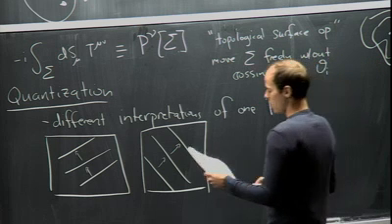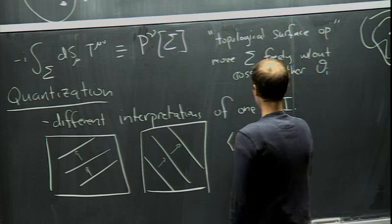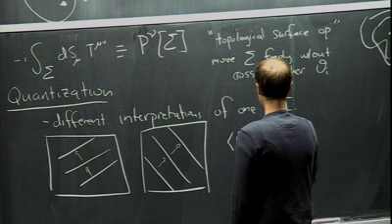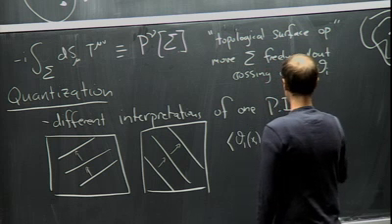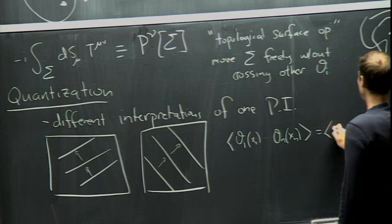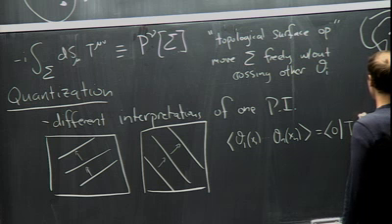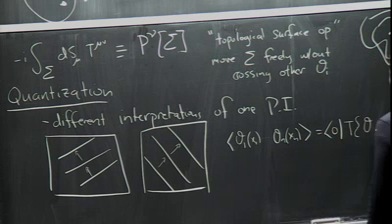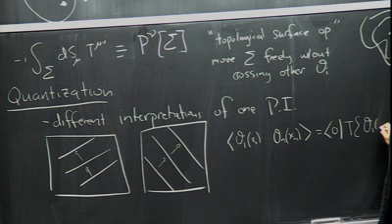The same correlation function, the same path integral, gets interpreted as an expectation value of a time-ordered product of operators. And I'll be explicit now about their times.